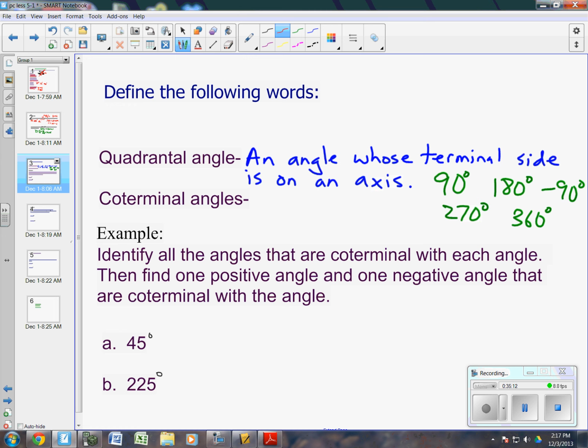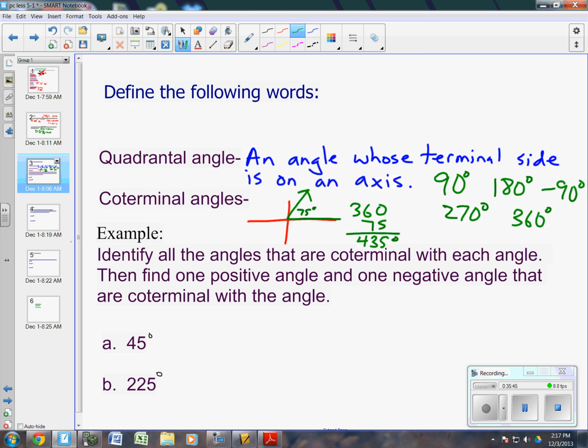All right, let's just write this down, okay? Let's say I have a 75-degree angle. I want an angle coterminal to it. I can just add 360 to that. What's 360 plus 75? 435-degree angle. Let me show you a picture of what a 435-degree angle looks like.